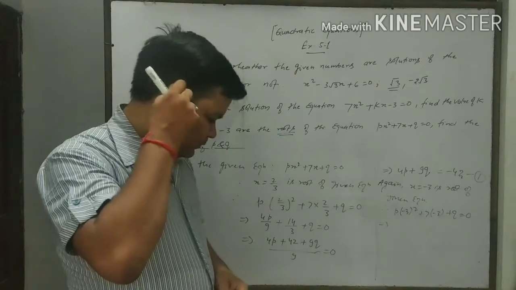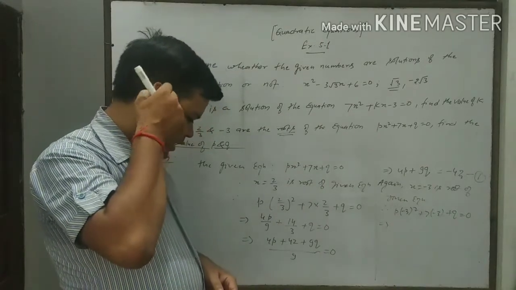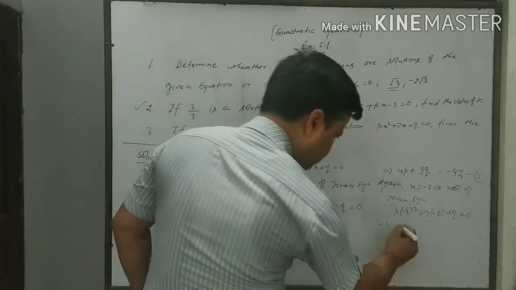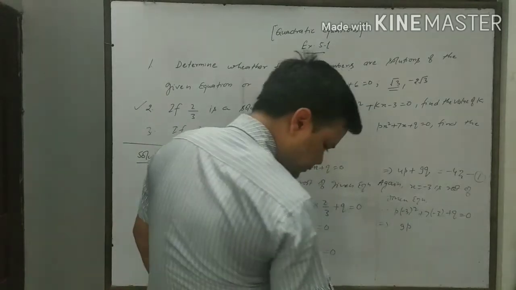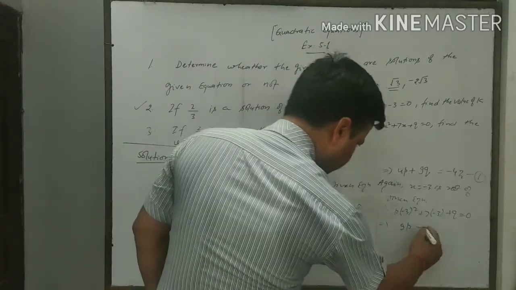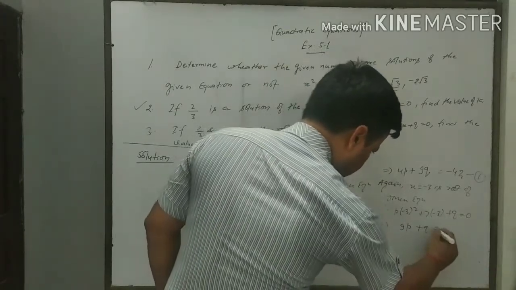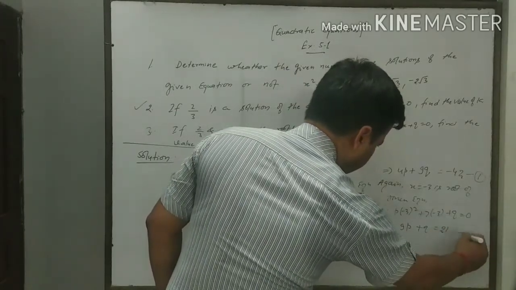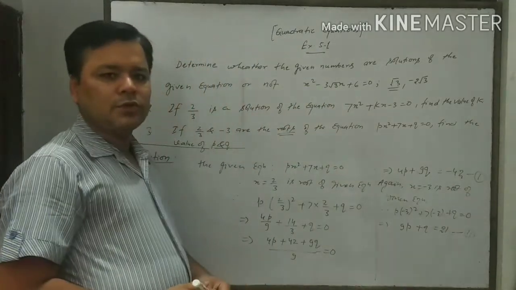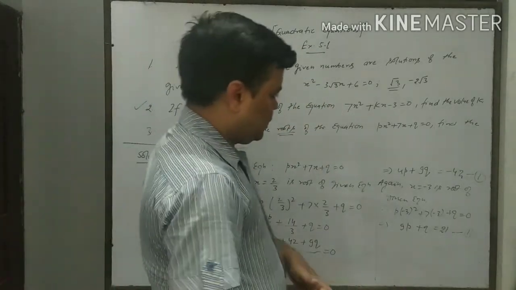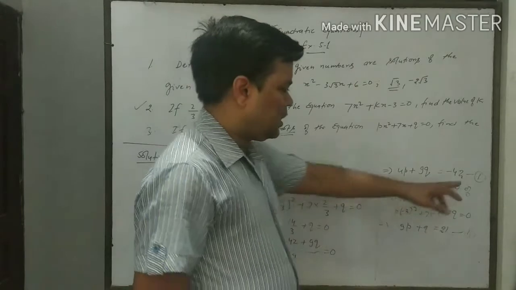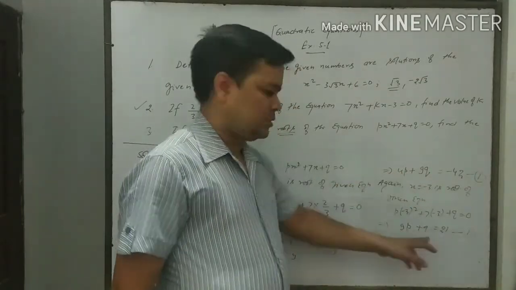After calculation, we find that 9p + q = 21. This is the second equation. Now this is the first equation, and this is the second equation.